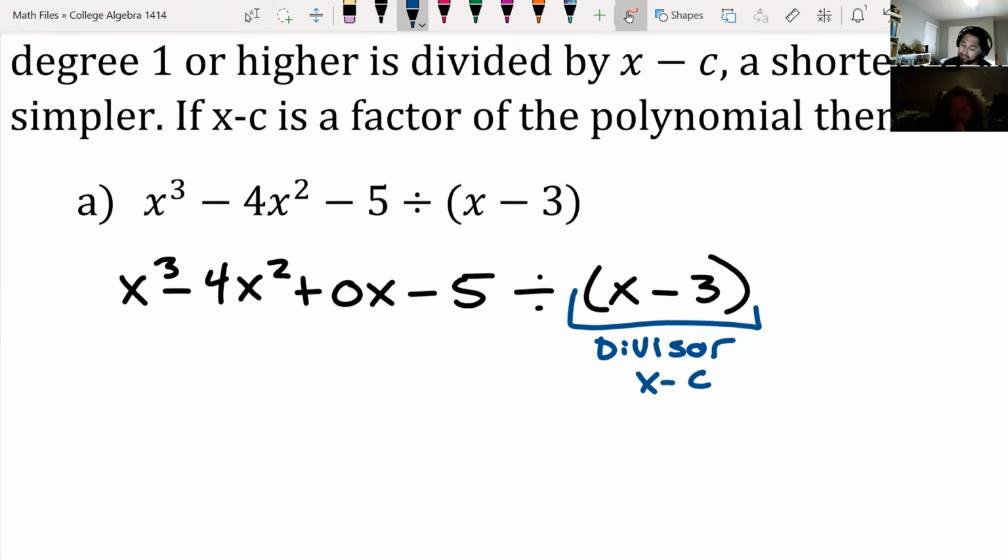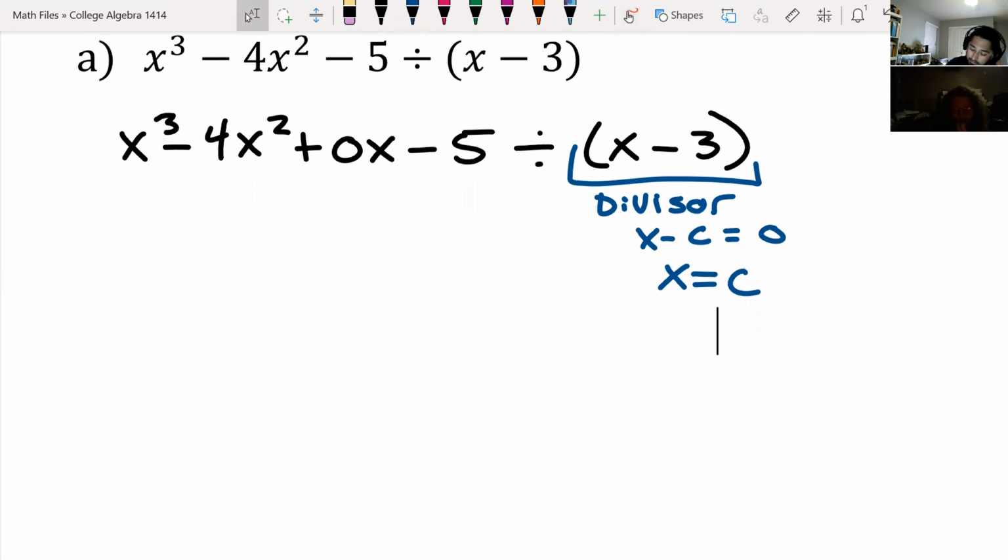So if it's x minus c equal to 0, we're going to use the value of c in our synthetic division process. So when I set up, I'm going to have my divisor out here. Since it's x minus 3, I'm going to use a positive 3.